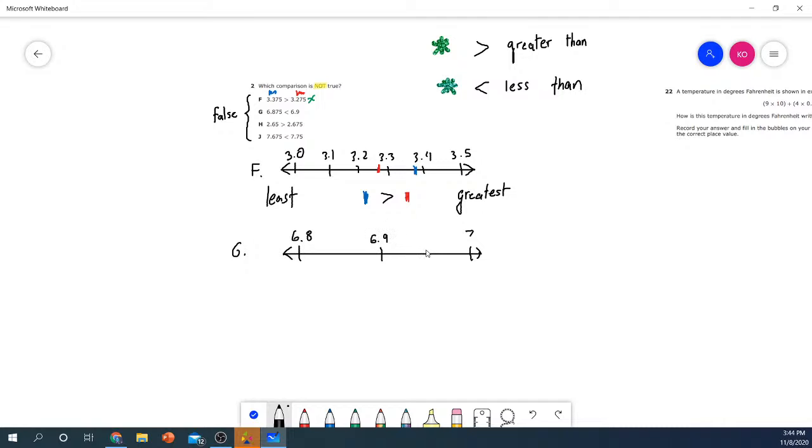and 6.95. 6.95 would be in between 6.9 and 7, and 6.85. 6.85 would be in between 6.8 and 6.9. If you don't know what I'm doing, I'm just listing out my intervals, or like the numbers that would come in between the 6.8 and 7 on our number line.